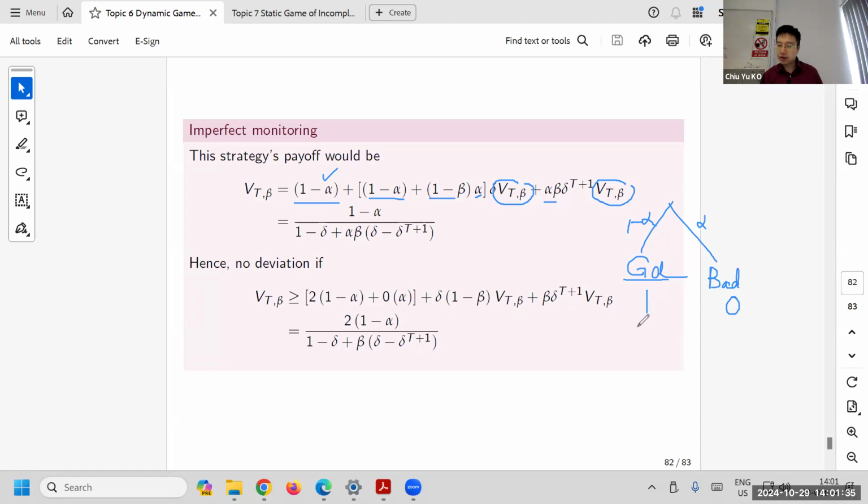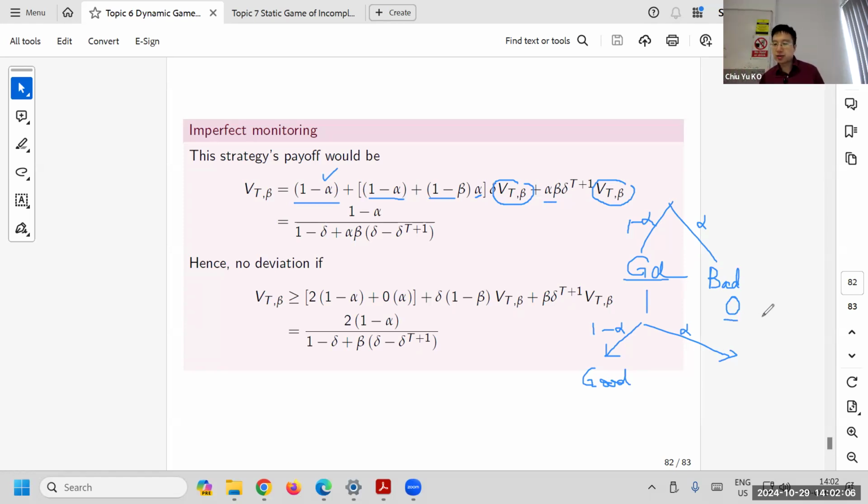Afterward, next period, do the same. If it's a good time, then what happens? You continue, with 1 minus alpha, you continue in the good state. And if it's bad, remember the bad time, what are you going to do? Roll the dice.